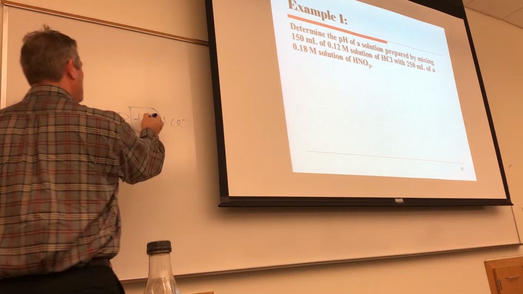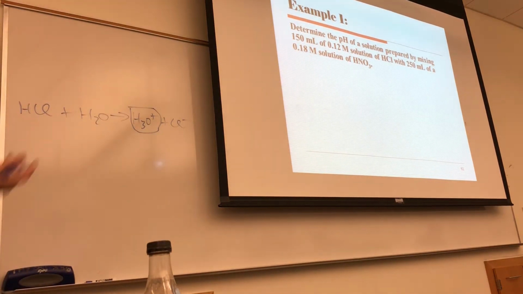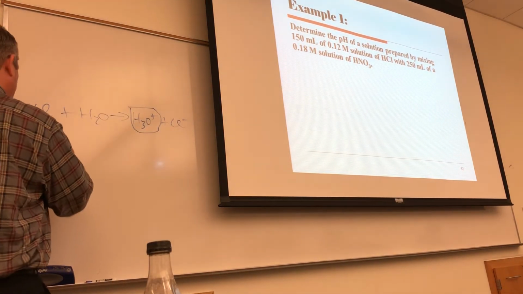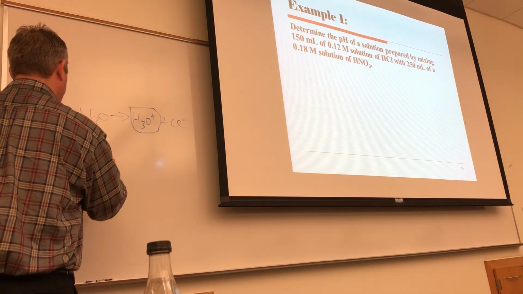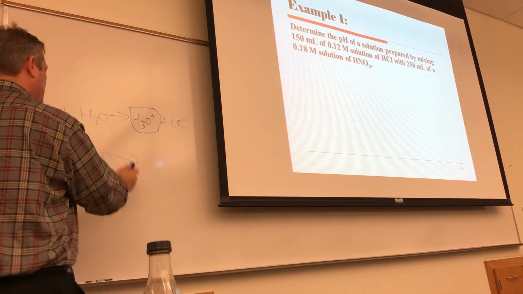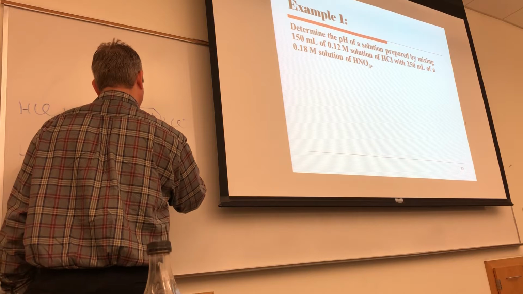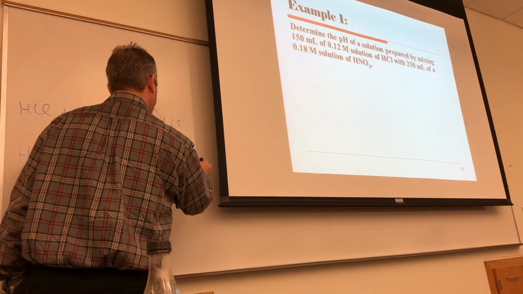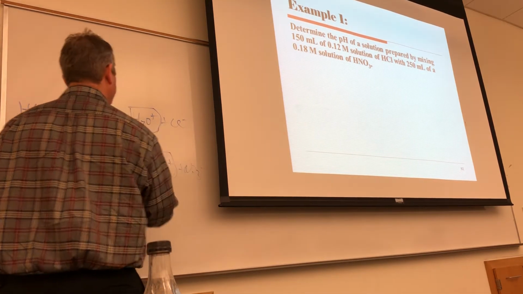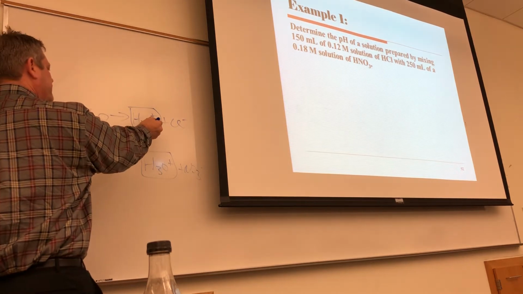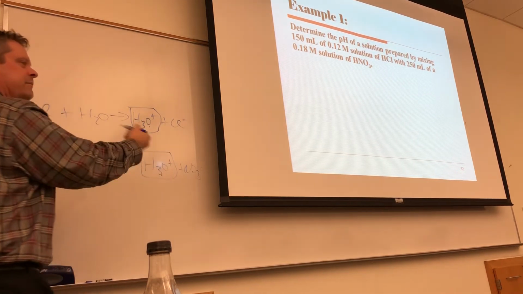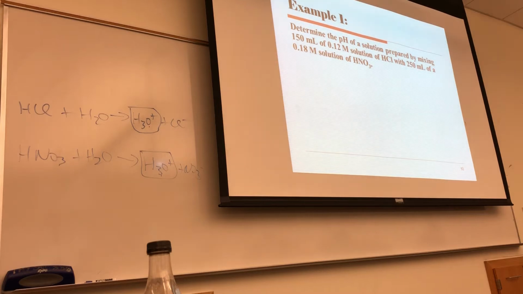I'm solving for how many moles of that, right? I do the same thing independently with the HNO3 plus H2O, and that's a single arrow. Once again, I find H3O+ and, in this case, NO3-. This is what I'm solving for. I'm solving for the moles of this and the moles of this. I'm adding them together, and then I'm dividing by the total volume. Okay. See, when you see it here, it should make it more clear for you as opposed to just looking at all this stuff in a paragraph.